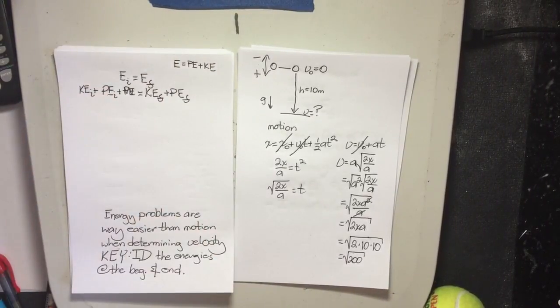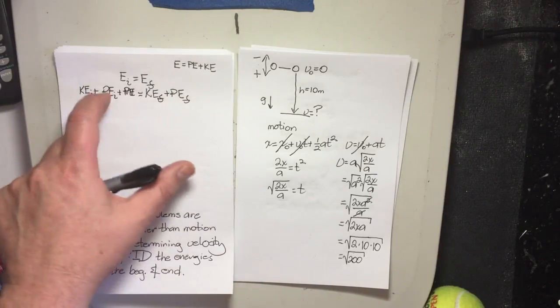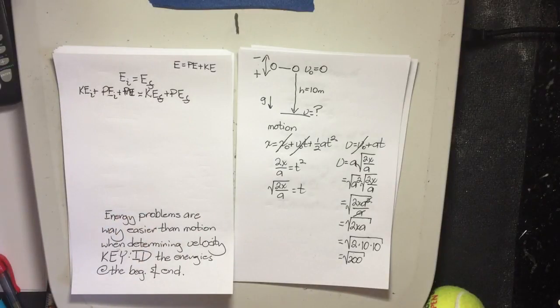If you have a particular state, it's moving, or it has the potential of moving at the time. It also has the potential of having a potential energy. In this simple example, 2 of the 4 terms can be 0.